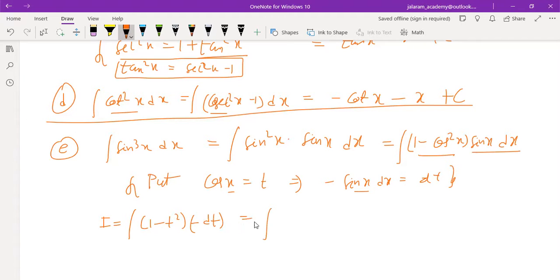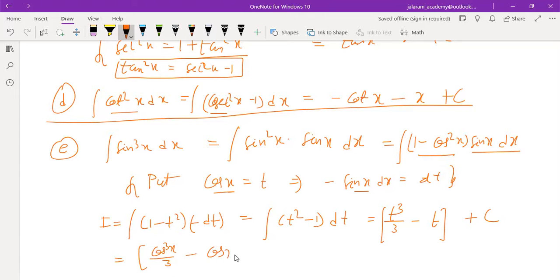Now if we multiply this minus 1 inside the bracket, 1 minus t square becomes t square minus 1 dt, and then integrate it to get t cube by 3 minus the integration of 1, which is t, plus c. Then resubstitute the value of t as cos x. So it is cos cube x upon 3 minus cos x plus c.